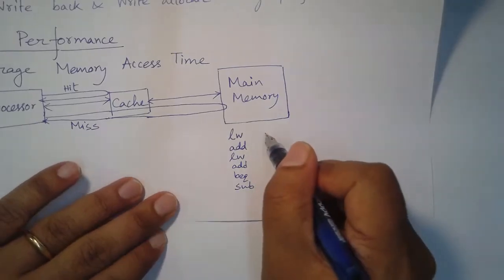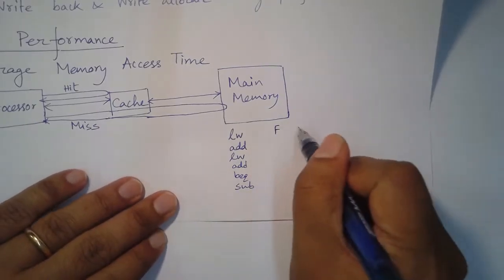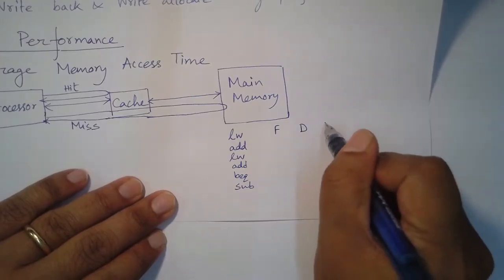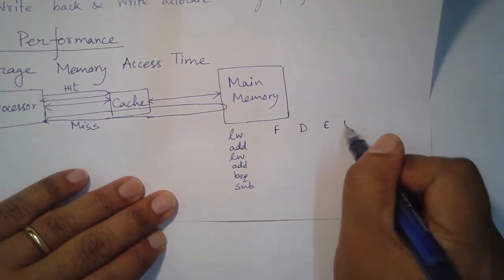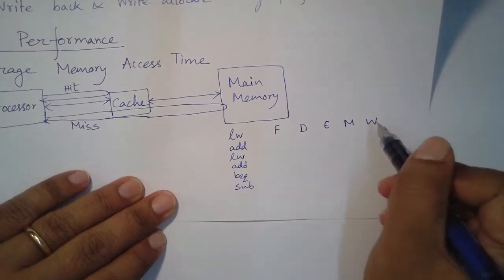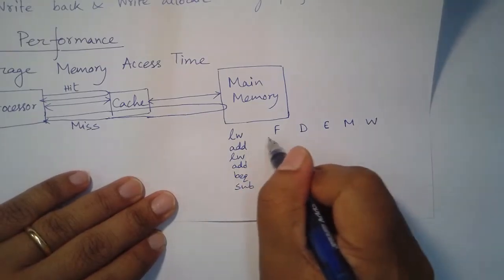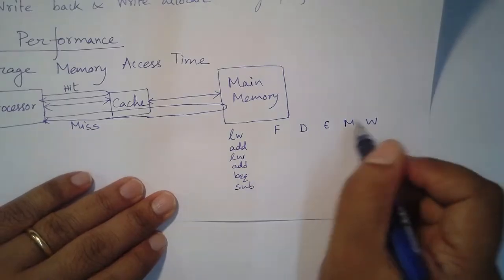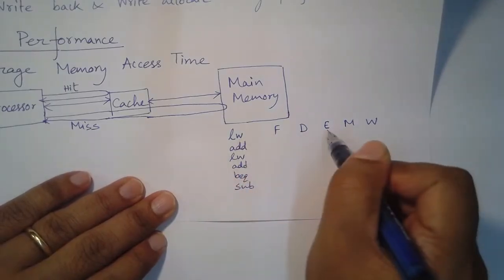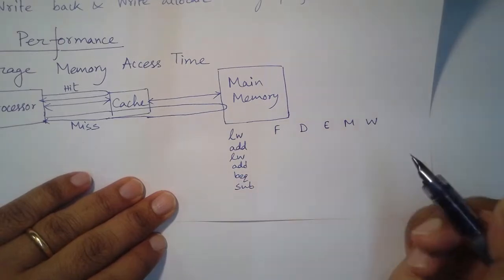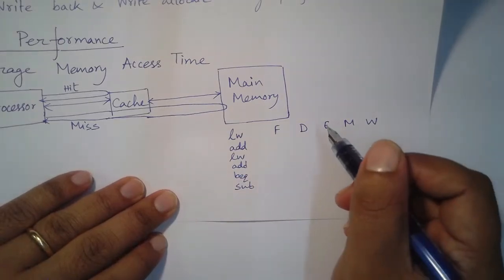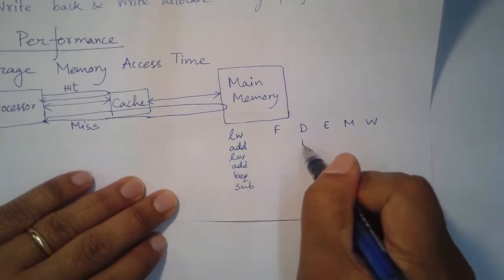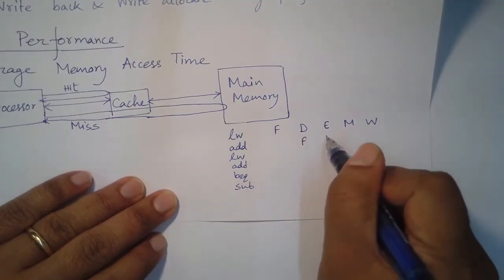Now the instructions will be fetched. If I draw the pipeline: fetch, decode, execute, memory, and write back. So let's say there was a hit, so there is no problem in executing this instruction, because whatever you are trying to load was there in cache, and you could load it very easily without wasting any time. So the next instruction also goes fine.